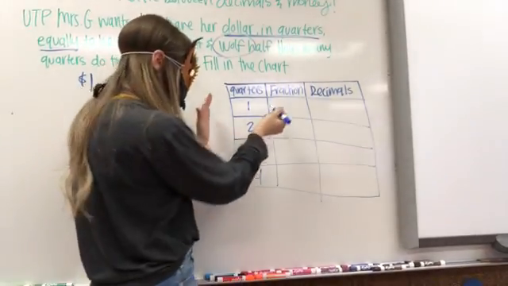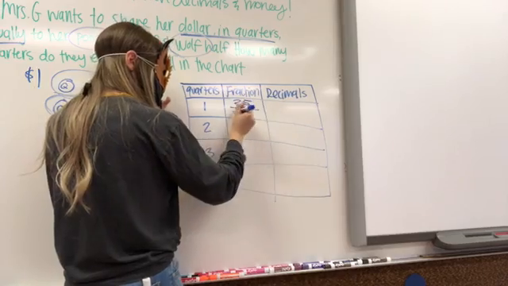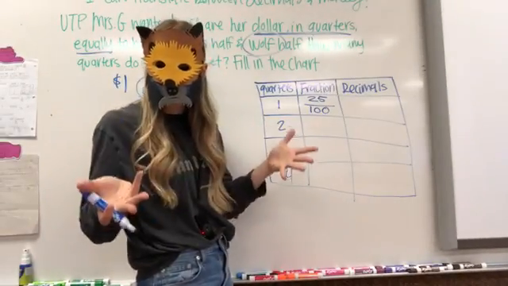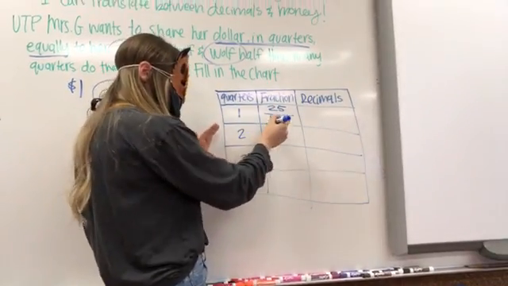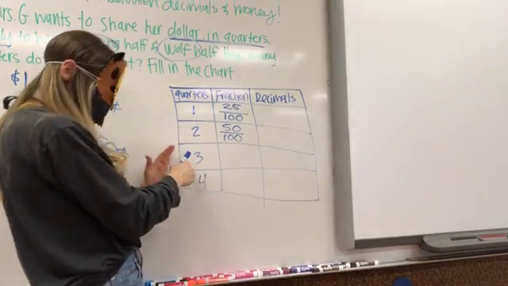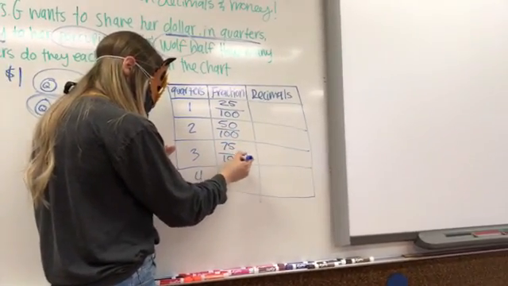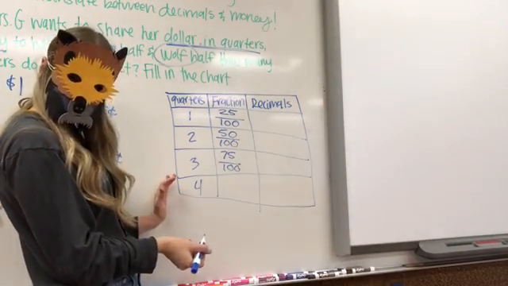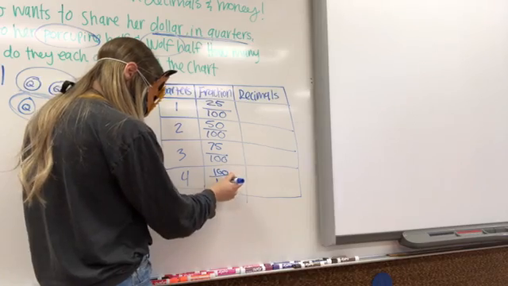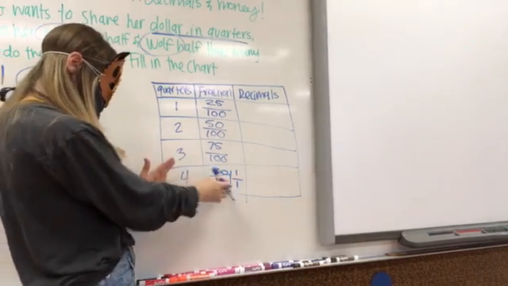So 1 quarter costs 25 cents, and it's out of $1, which is 100 cents. So $1 has 100 cents in it. So 25 out of 100. 2 quarters, which would be 50 cents, is also out of 100. 3 quarters, which would be 75 cents, and we know that's out of 100. And 4 quarters is $1, so that'd be 100 cents over 100, or you could just put 1 over 1, or just 1 whole. Any of those 3 works.